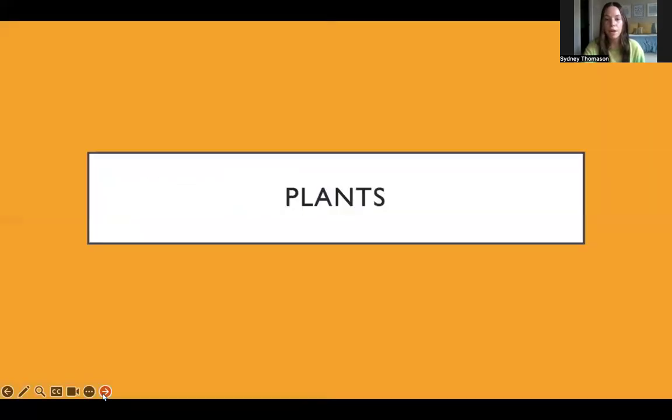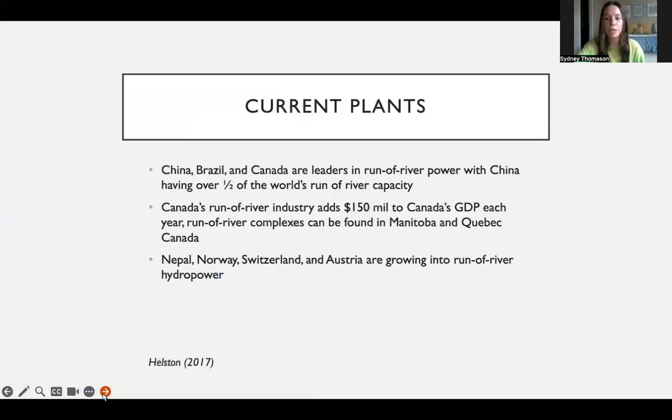All right, now moving on to plants, starting just with some current plants that are already installed and in use. So countries with existing large hydrostatic power are also becoming leaders in these run-of-river plants. So these countries include China, Brazil, and Canada, with China having over half of the world's run-of-river capacity.